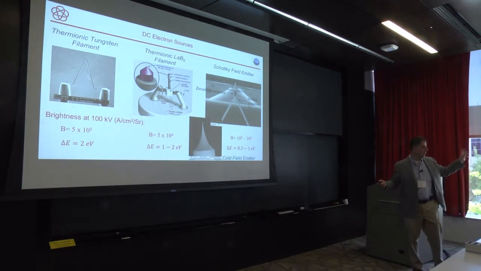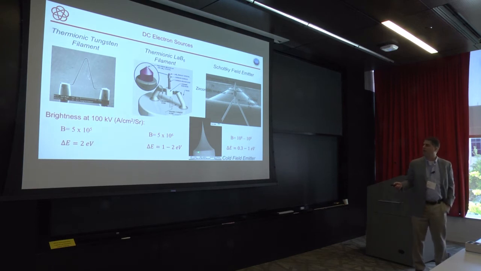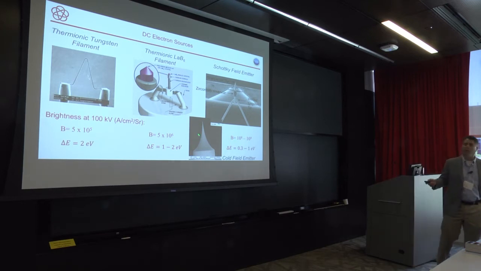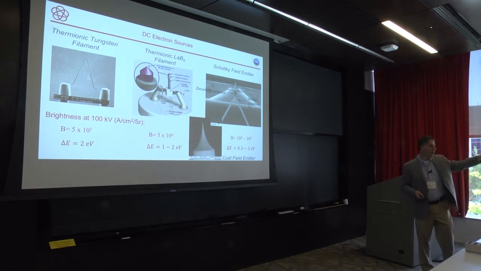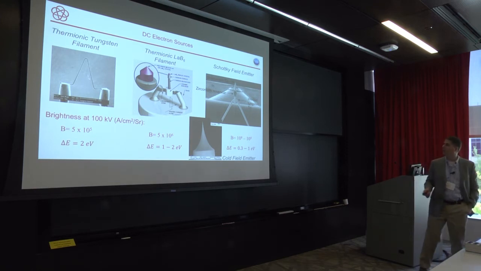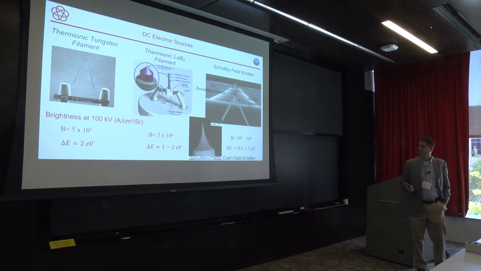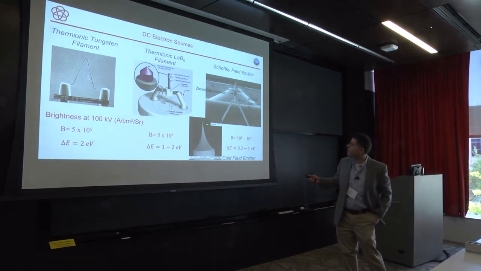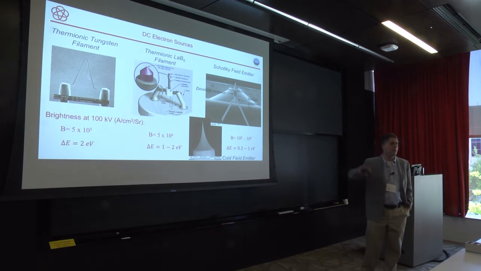The highest brightness sources are cold field emitters. These are that CFEG on the previous plot. This is just a tungsten wire, 311 oriented, and electrochemically polished to a sharp tip. It's very similar to an STM, a scanning tunneling microscope tip, the thing you use to drag around and do atomic resolution imaging with. David, what's the scale? This is a 10 micron scale bar, and the tip of this thing is maybe a 10 nanometer radius of curvature.